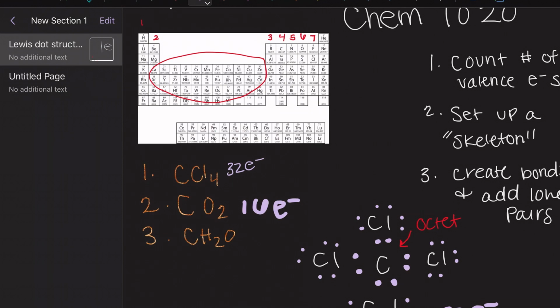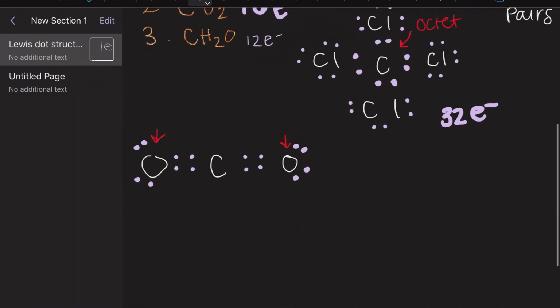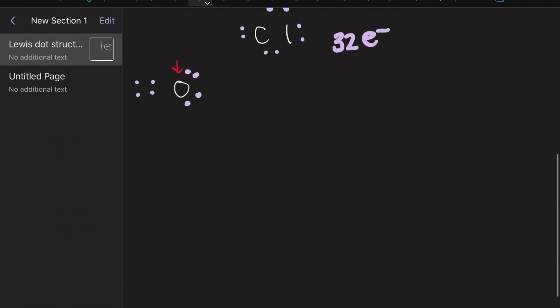So let's write that we needed 12 electrons. Our next step is to draw out what it should look like. We know that carbon will want to form a bond with oxygen and hydrogens.